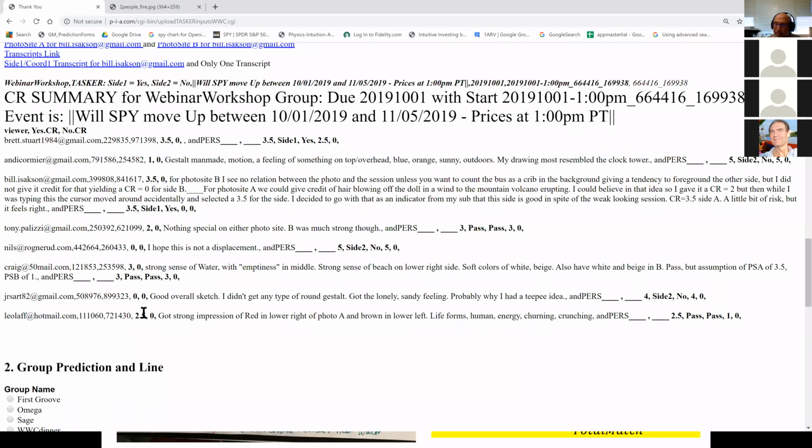It's evenly split on counts, really close. 2.5 to 3. I give him a half.